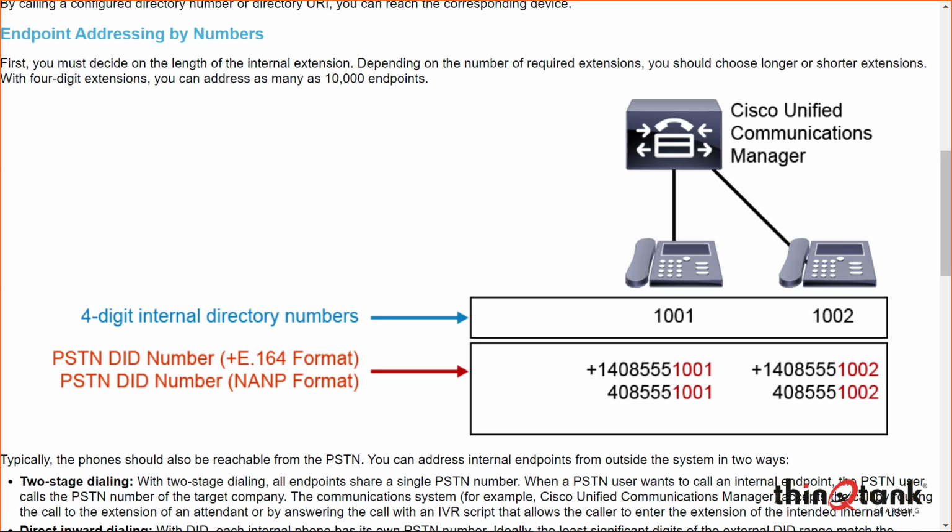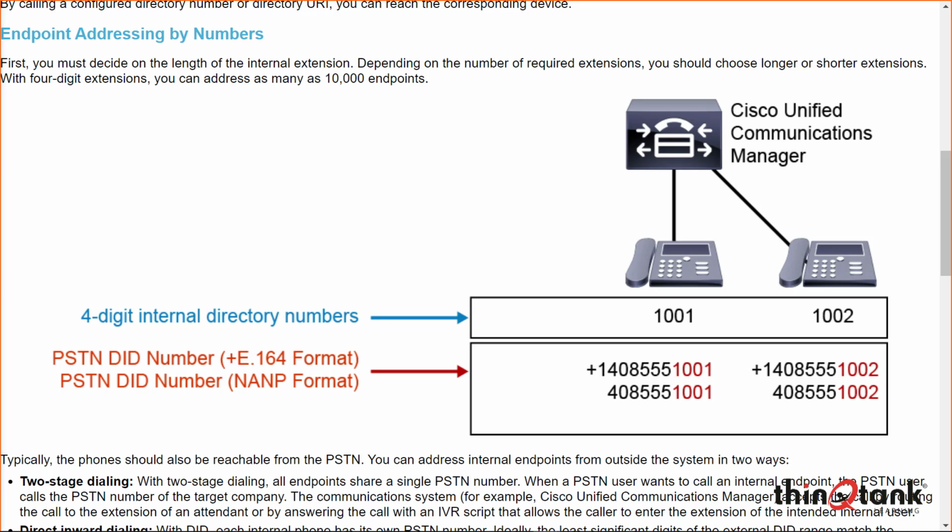We have some customers that say, I don't want any of my endpoints to be reachable from the outside, so we don't need any DID extensions. That obviously makes your life a lot easier, because you don't have to plan for that. But most times that's not the case. Most times you're going to have some sort of DID function.